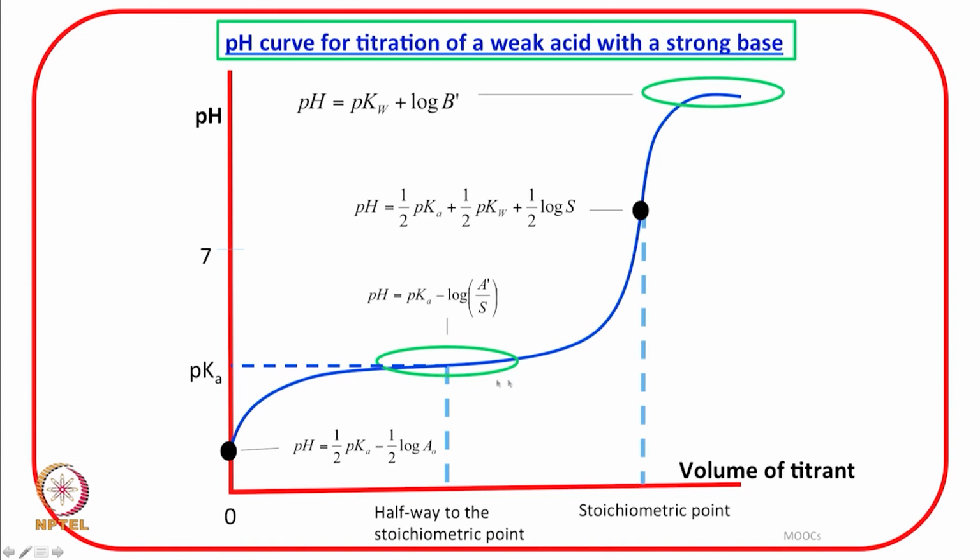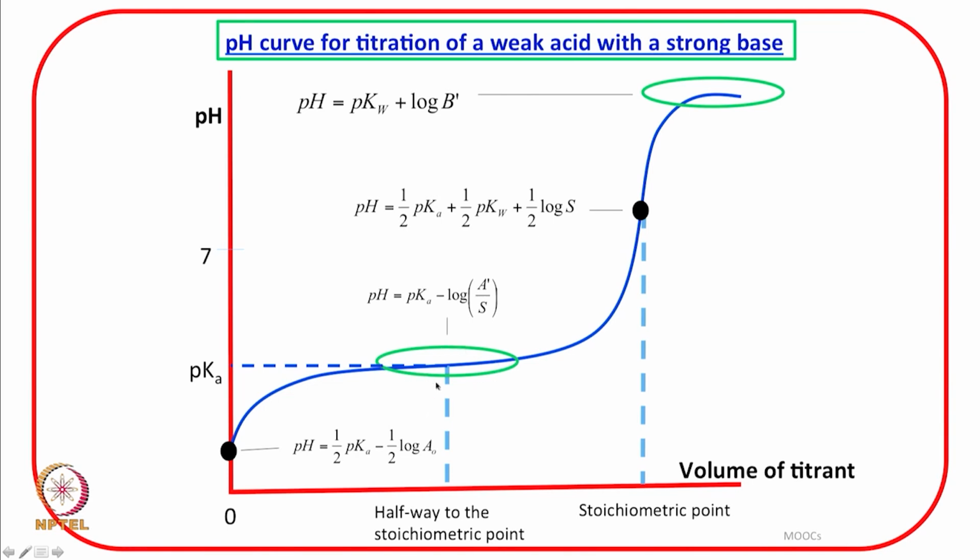This flat region has a lot of significance. That means a slight addition of an acid or a slight addition of a base is not going to change pH significantly, because you see within this circled region, this is a flat region, and the pH of the solution does not change when you add a little more amount of the titrant, and that is what is called the buffer action.